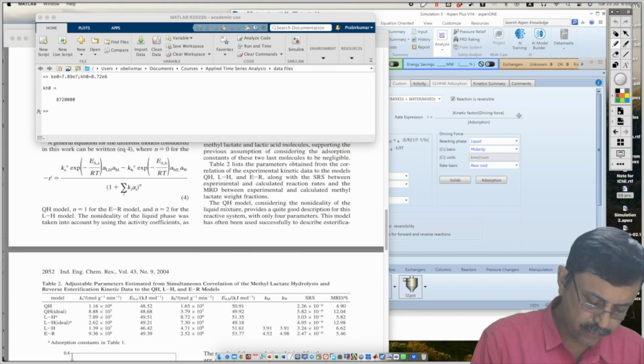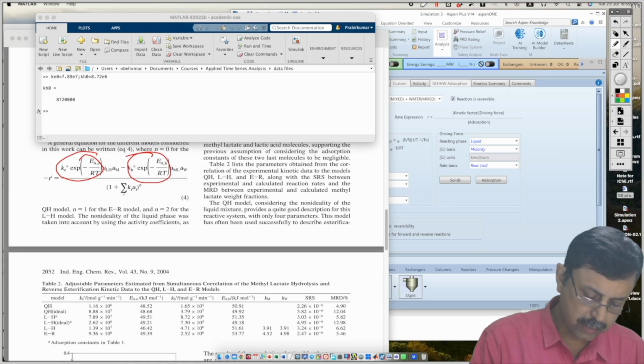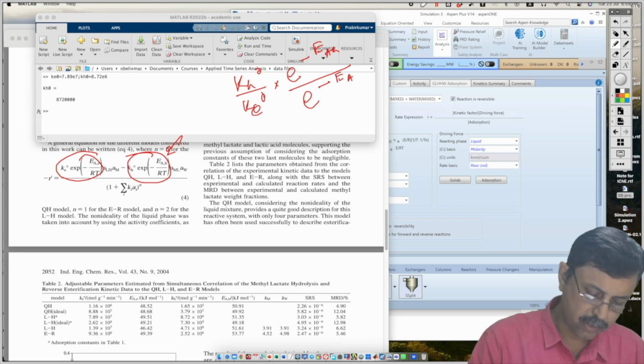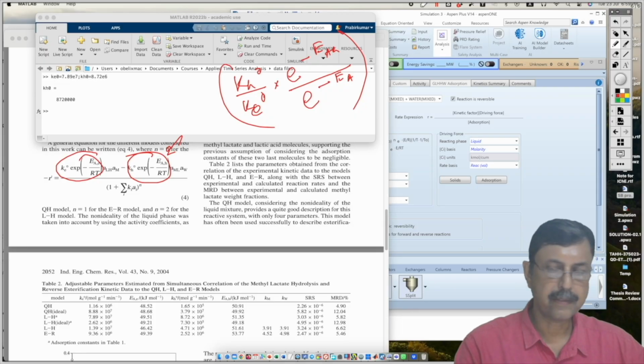If we take this one common from this one, then basically what we have over here is K_H by K_E into e to the power minus E_H by e to the power minus E_A naught. And that's exactly what we are going to calculate.